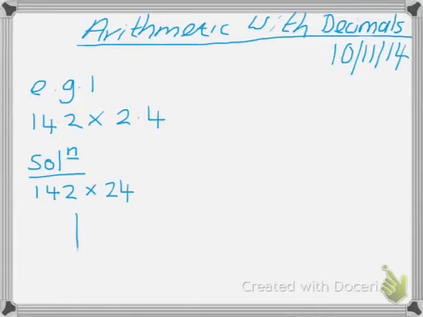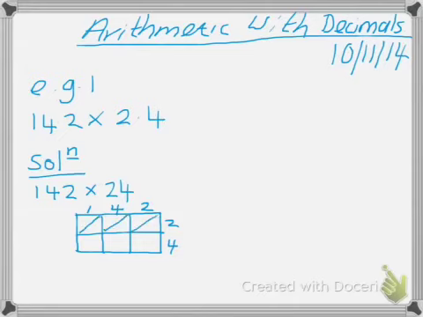And what I'm going to do is I'm going to create a little grid. And I'm going to make it 3 by 2 because I'm going to put 1, 4, 2 across the top. I'm going to put 24 down the side, and I'm going to work out what 142 multiplied by 24 is. But I can make this simpler.